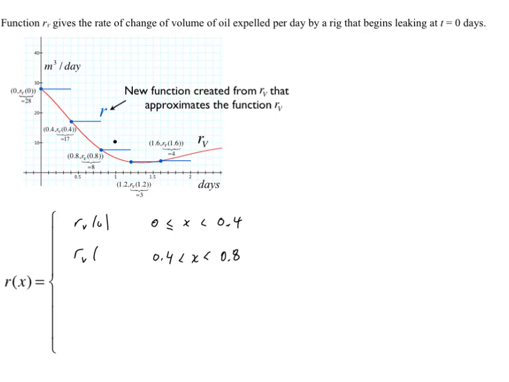Oh, yes, exactly. If we were going with the way it's the images here, then it should be closed on the left, if we're just following exactly what this image shows. All right, and that's R sub v of 0.4, and then R sub v of 0.8 from what?